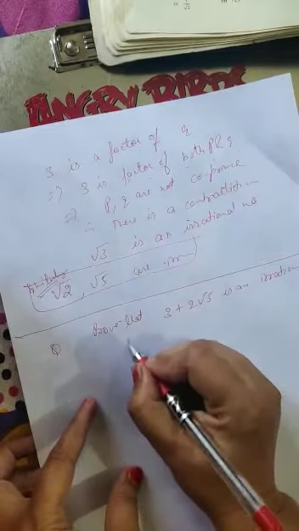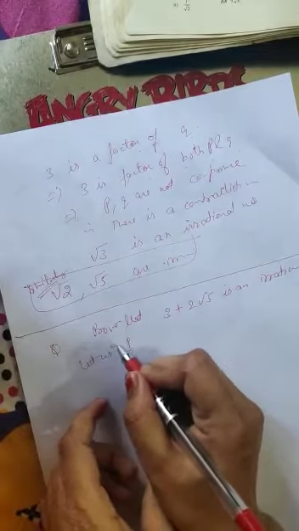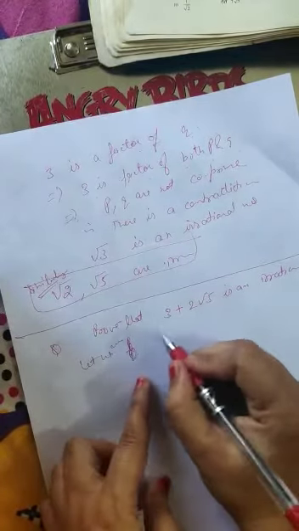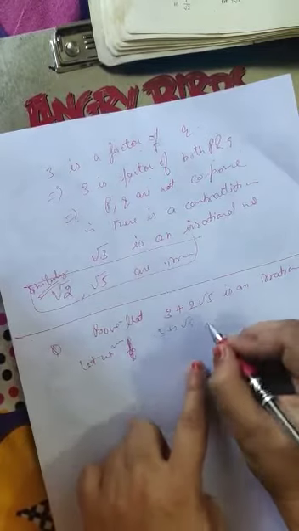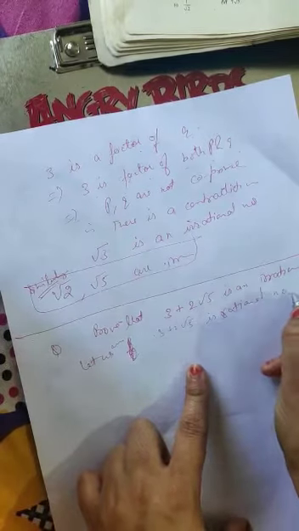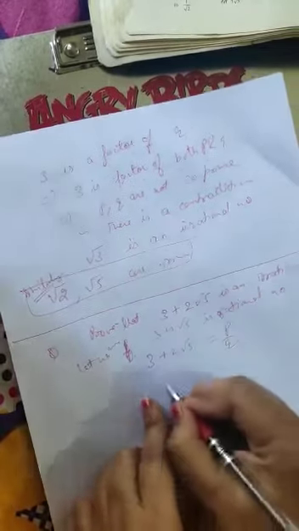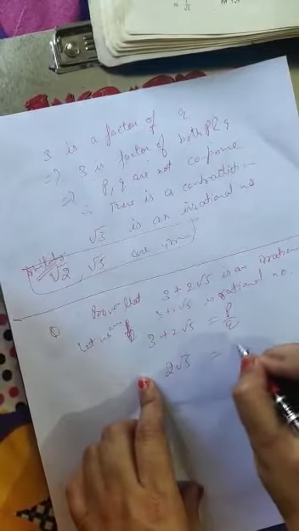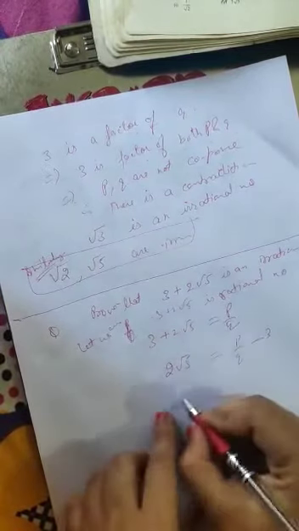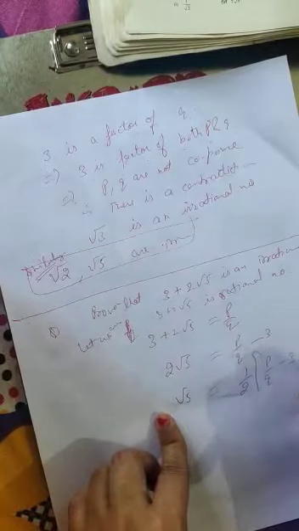Similarly, let us assume that it can be written in the form of p upon q, a rational number, means 2 square root 5 is equal to p upon q minus 3, and square root 5 is equal to 1 by 2 times p upon q minus 3.